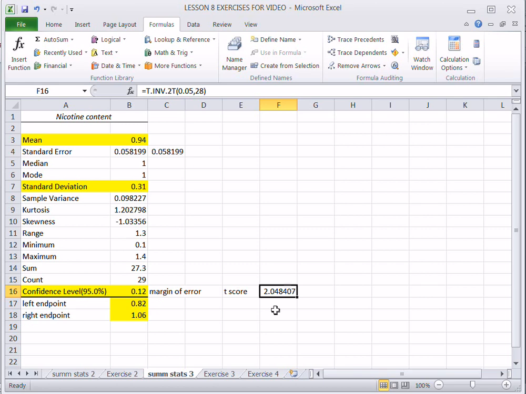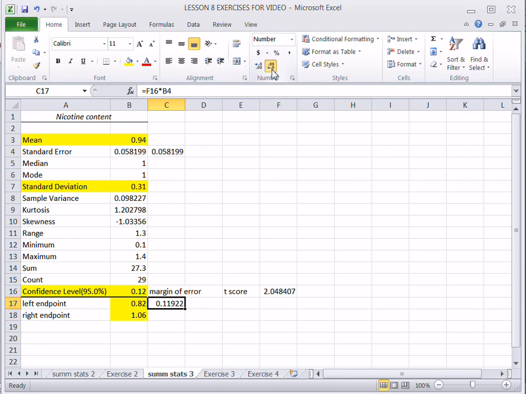But now to find that actual distance in the same units as the mean, we have to take the number of standard errors from the mean times the actual value of the standard error, and that gives us a physical distance. We had rounded that down to 0.12. So then this gave us our confidence interval for the mean.